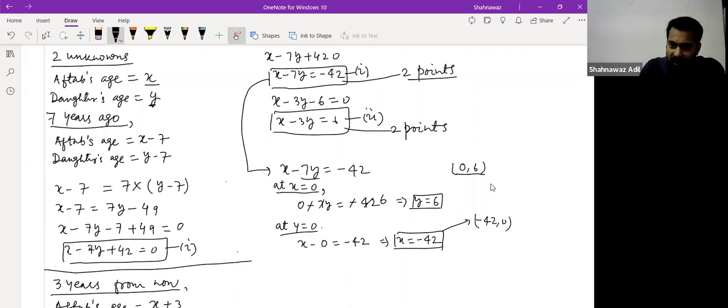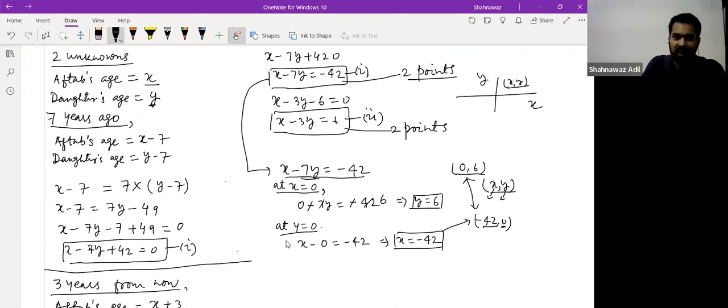Because you always write your coordinate like this: first the x coordinate, then the y coordinate. In a graph, this is your x-axis, this is your y-axis, and you always write x, y points, right? So similarly, y was 0, x is minus 42.